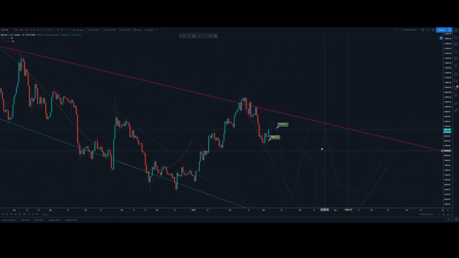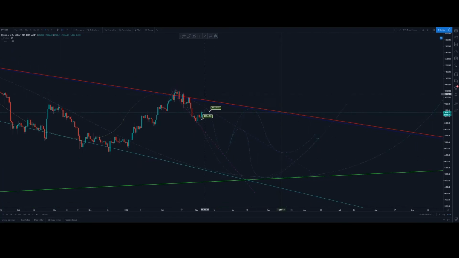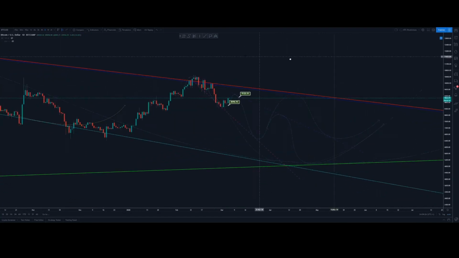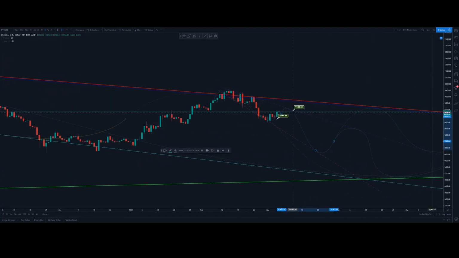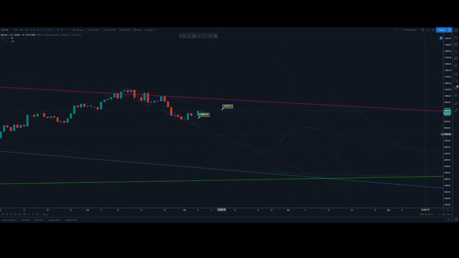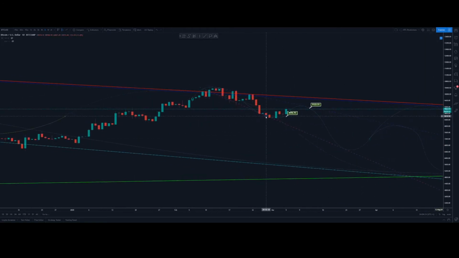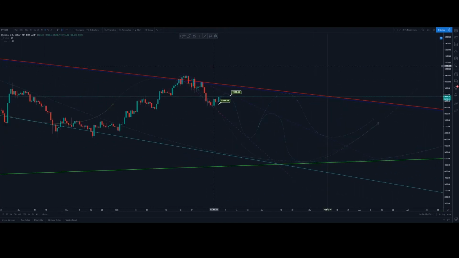So now we've got a possible trajectory, a rough estimation anyways. And if you would like to enter a short position, then this would be a great point to enter.